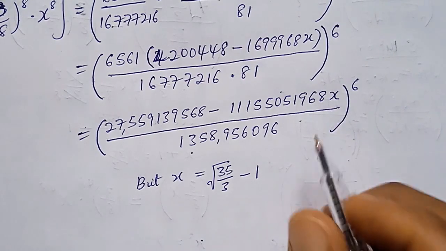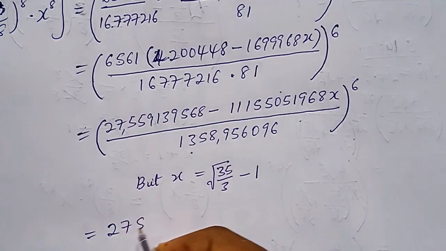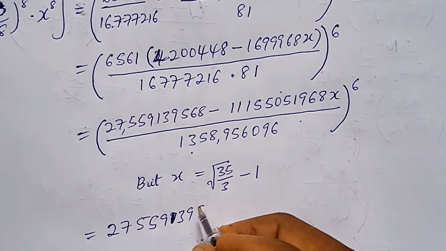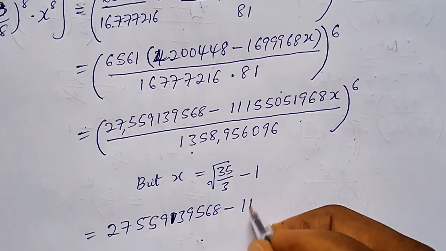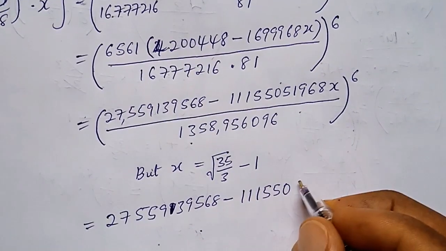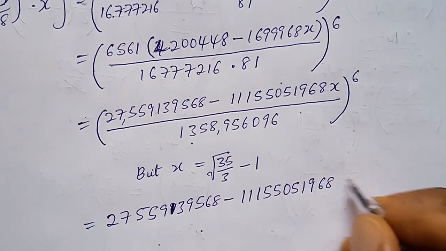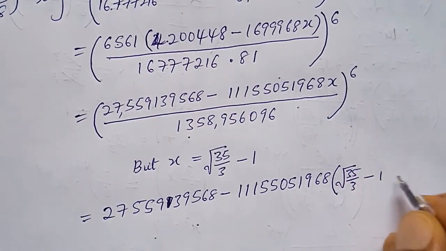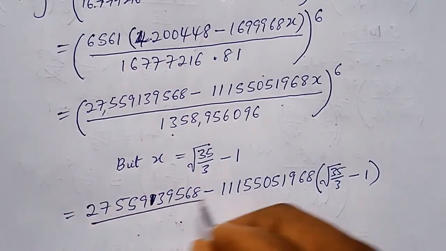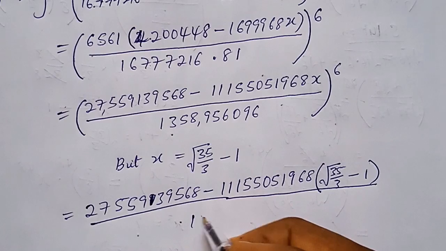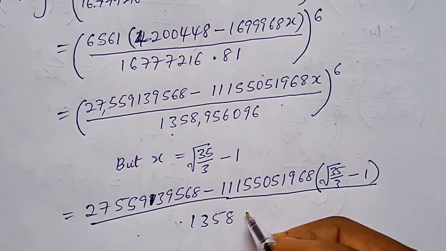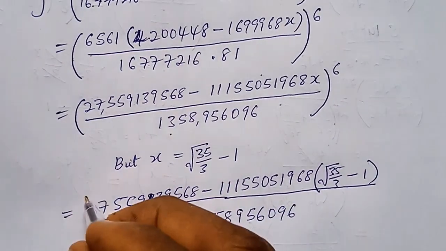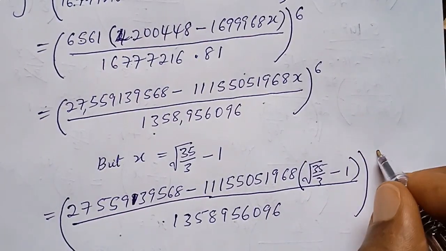That becomes 27559139568 minus 11155051968 times our x, square root of 35 over 3 minus 1 into bracket, over 135895696, everything into bracket power 6.